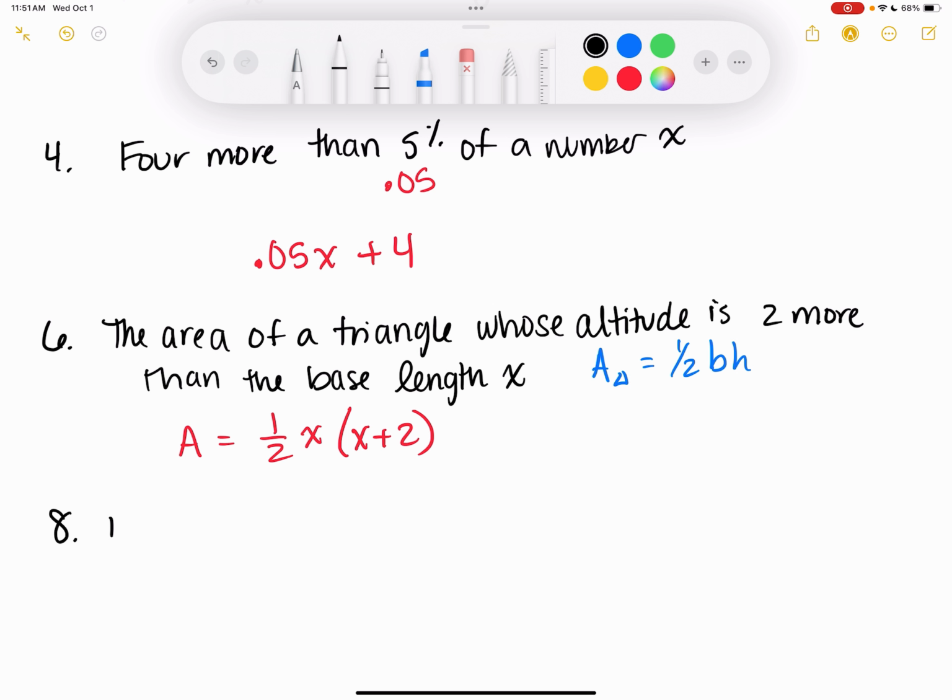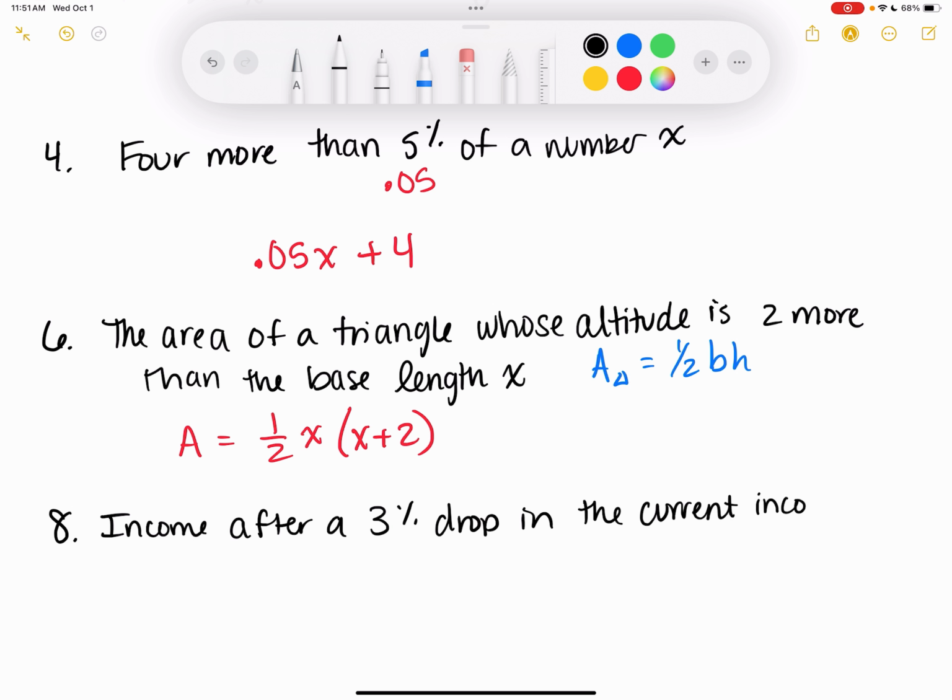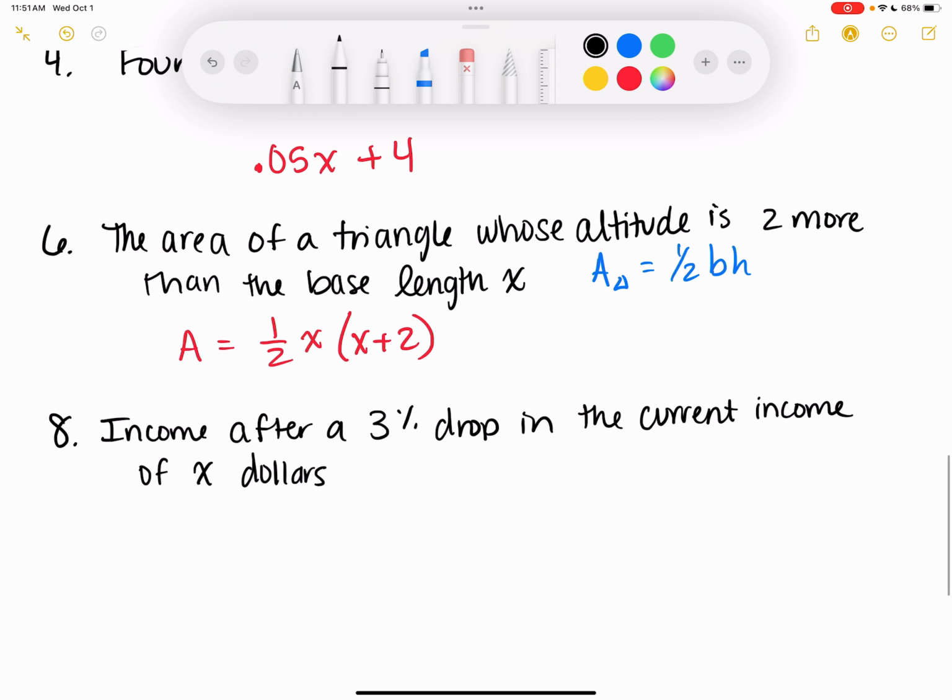8. Income after a 3% drop in the current income of x dollars. This one's going to require a little more thinking.